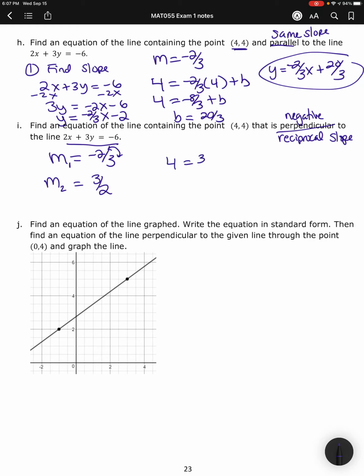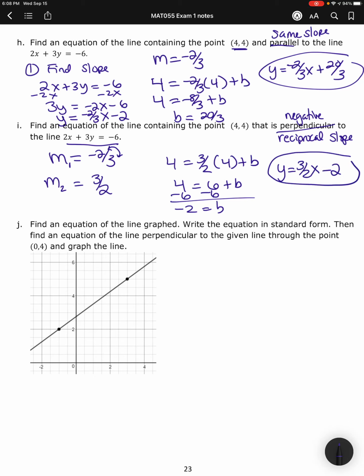So we do the same thing, but this time it's 3/2 times 4. That's 12 over 2, so 4 equals 6 plus b. Subtract 6. All right, so b is negative 2, so it's y equals 3/2 x minus 2.